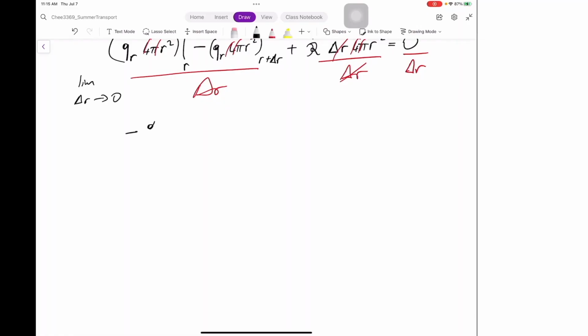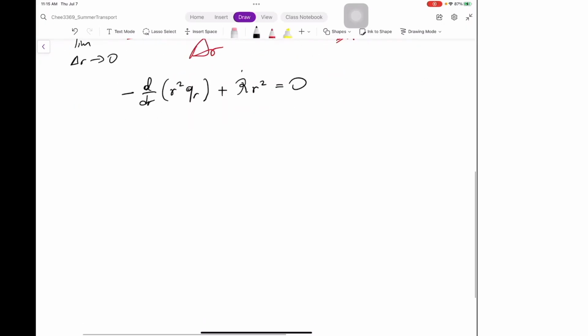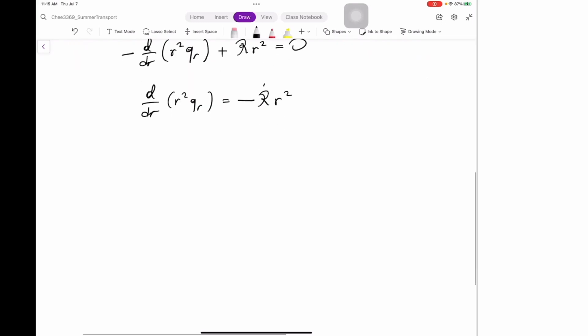We get negative d over dR of (R squared Q_R) plus φ dot R squared is equal to 0. From here, d over dR of (R squared Q_R) is equal to φ dot R squared. Okay. And then, oh, sorry, that's plus.